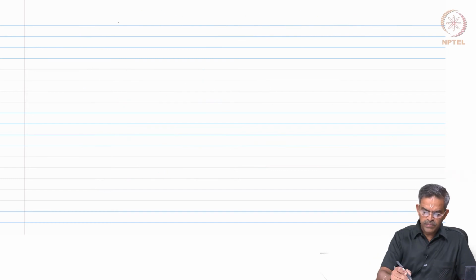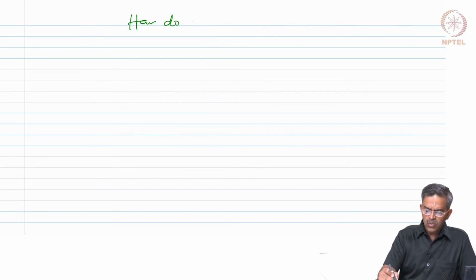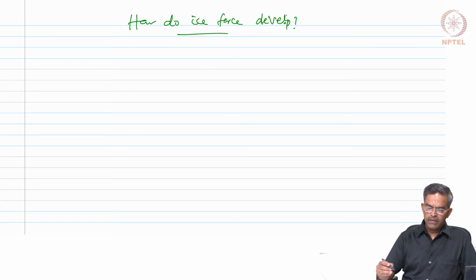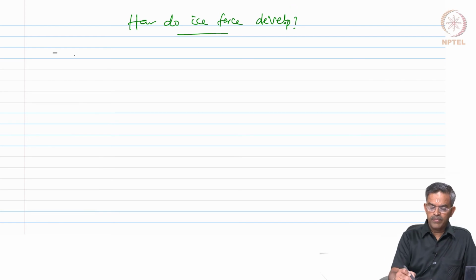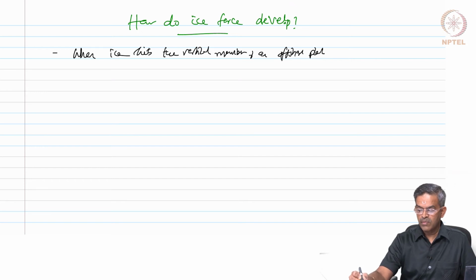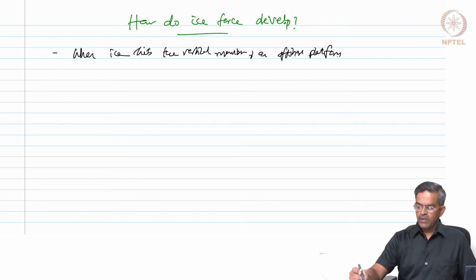Having said this, let us ask a question: how do ice forces develop? What is the analogy behind this development? Friends, please listen. When ice hits the vertical member of an offshore platform, ice failure occurs.